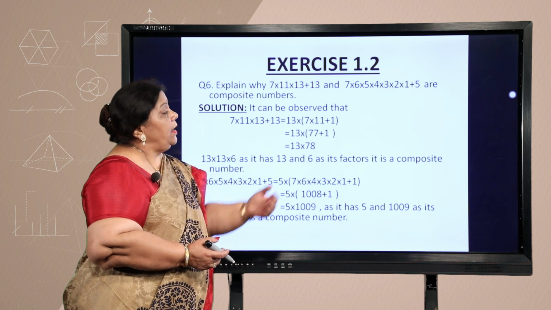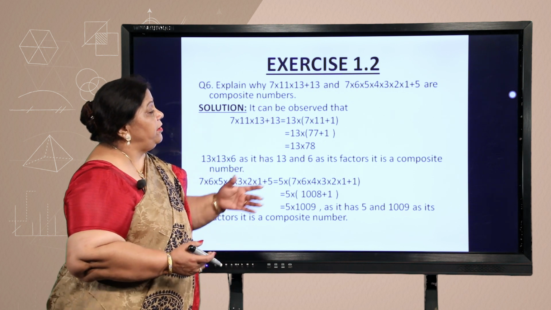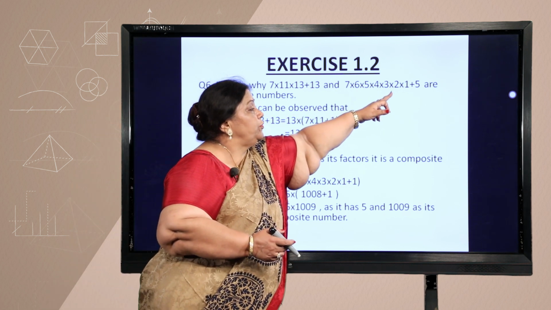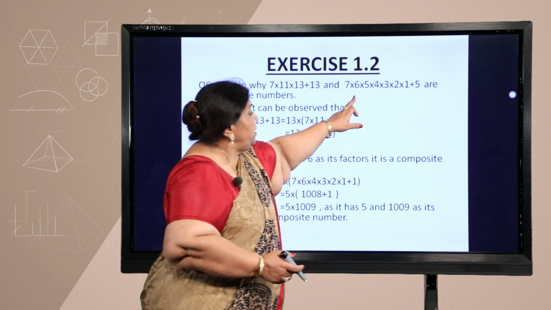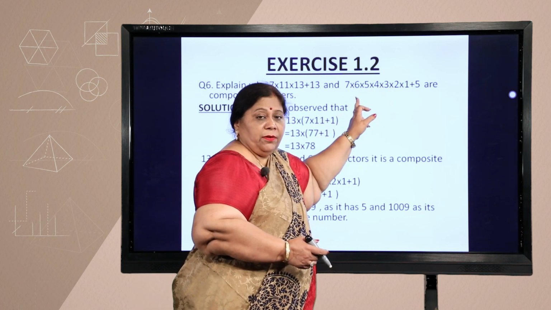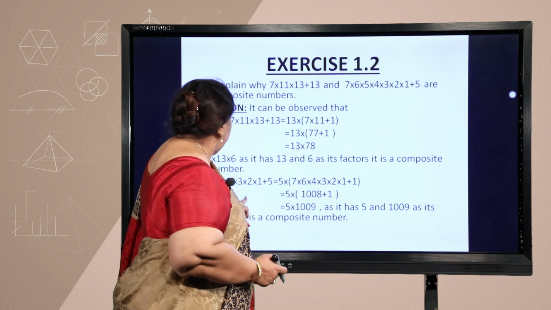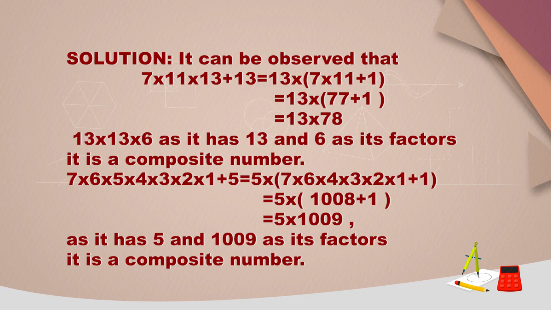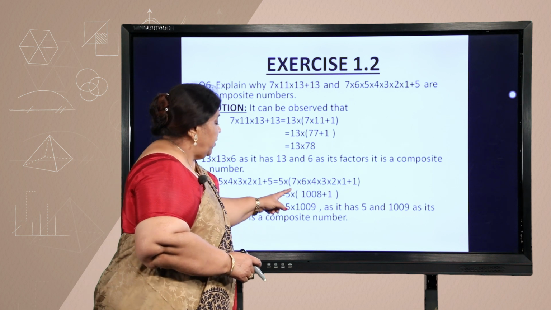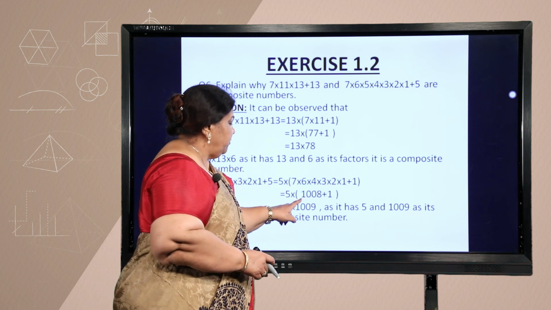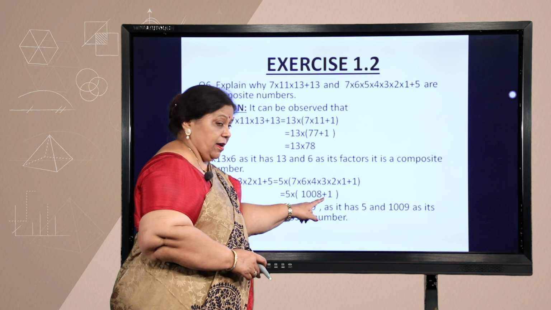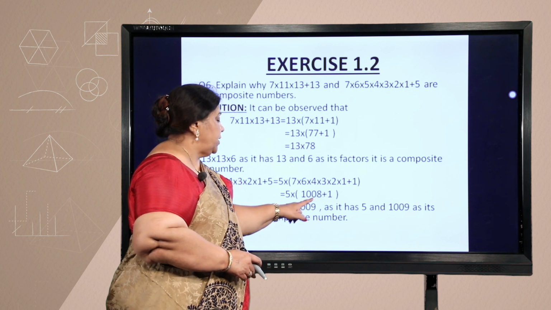In the next one, I have 7 into 6 into 5 into 4 into 3 into 2 into 1 plus 5. Can you see 5 here? I can take 5 common in both the terms. We have here 5 into 7 into 6 into 4 into 3 into 2 into 1 plus 1. That can be simplified as 5 into, when we multiply these numbers I get 1008 plus 1, that gives me 1009.